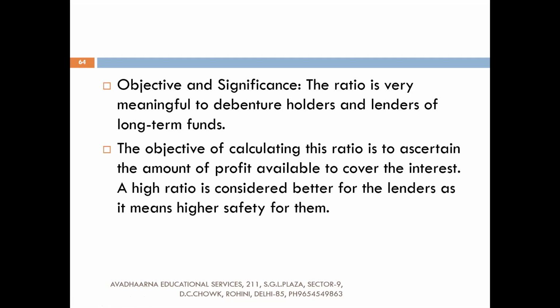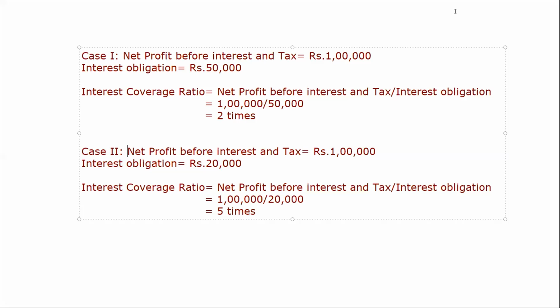Now, why is it better? Because a high ratio indicates that a better safety margin is there for the lender, because basically in this ratio we are establishing a relationship between profit and the interest obligation. Now we can have two examples to prove our point. Now let's look into these two cases.